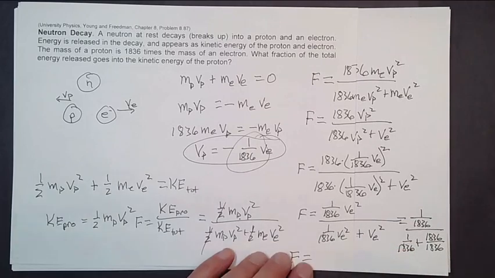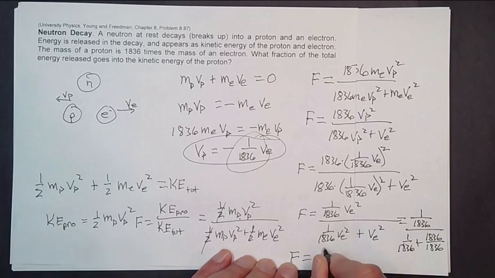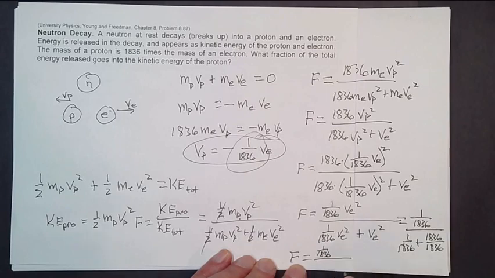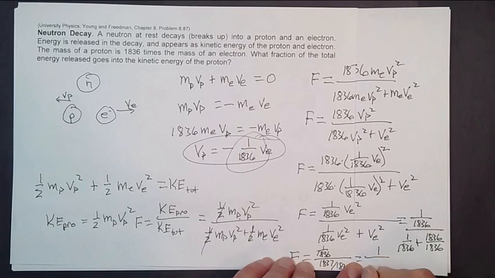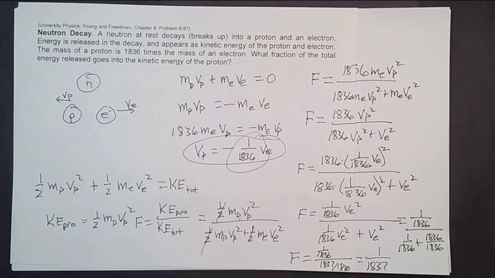Flip that and multiply. Well, I better do it in steps. I end up with 1 over 1837. That's the fraction of the kinetic energy released that goes into the proton.